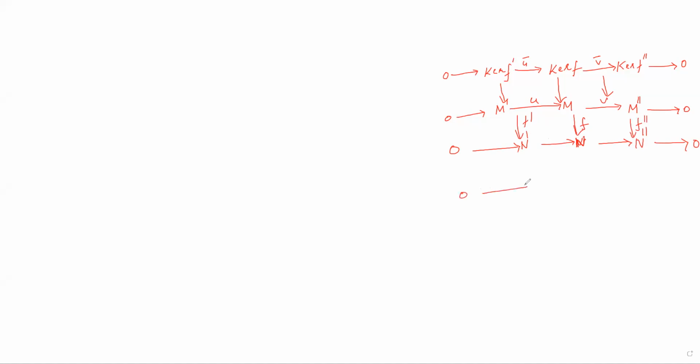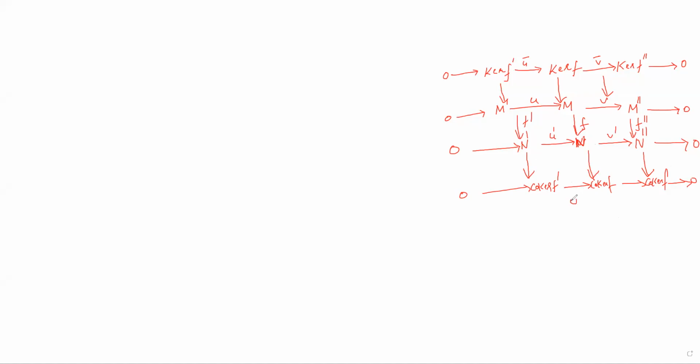Then 0 to co-kernel f dash to co-kernel f to co-kernel f double dash to 0. So these are the natural maps, these arrows. This mapping I call u dash v dash. These are the natural onto maps, these vertical arrows here.